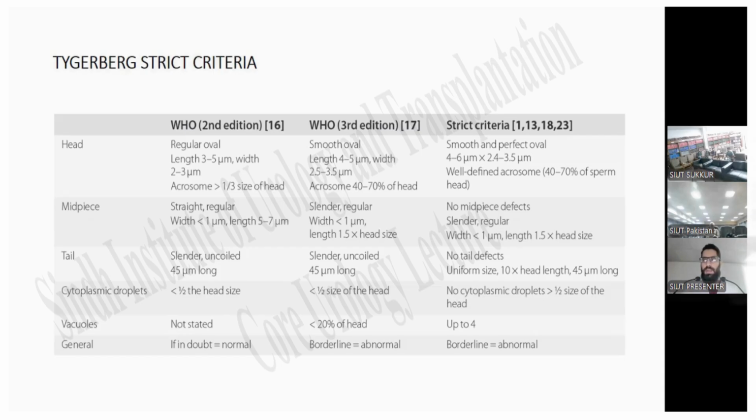It should be slender, regular, and the width should be less than 1 micrometer, and the length should be 1.5 times the head size. The tail should reveal no defects and should be of uniform size and 10 times the head length, that is 45 micrometer long. There should be no cytoplasmic droplets, and vacuoles that are allowed are up to 4. The borderline morphology is considered as abnormal.